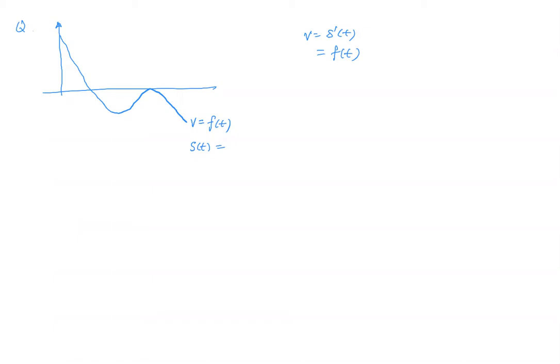Draw the graph of acceleration. If you want to draw the graph of acceleration, what should you do? What do you understand? Acceleration is V prime t, correct? Okay, so I will draw the sign diagram first.